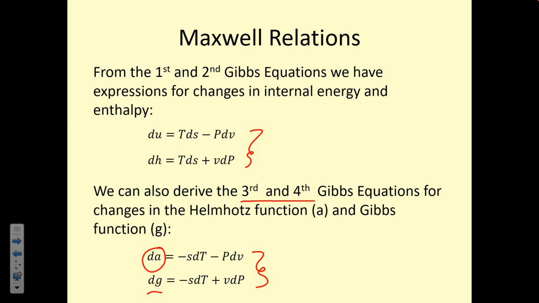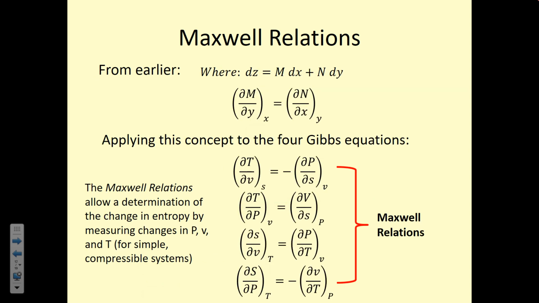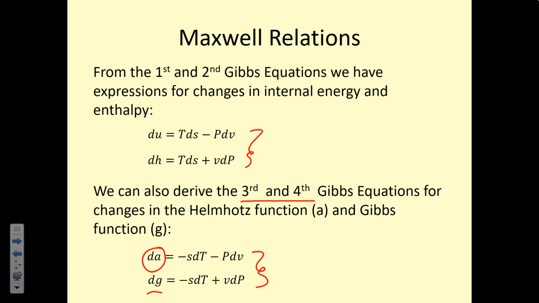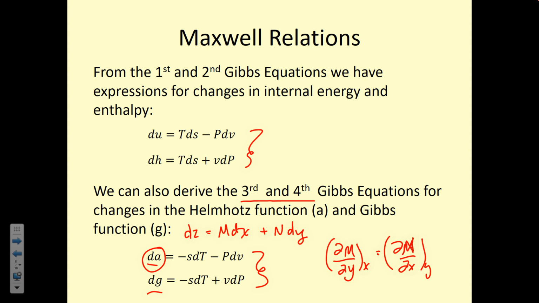So we're going to take these four equations and we're going to apply this concept again. If you notice, these are similar to what we saw before, that dz is equal to m dx plus n dy. And then we said that the partial of m with respect to y holding x constant is equal to the partial of n with respect to x holding y constant.